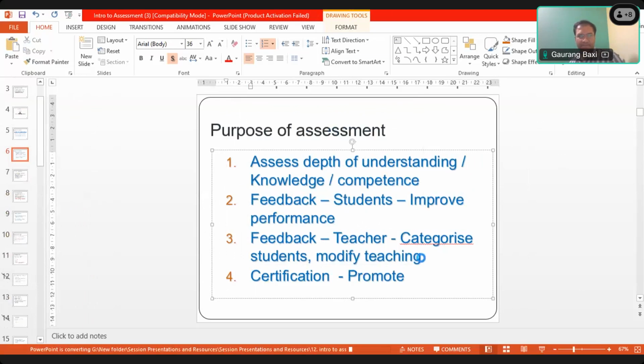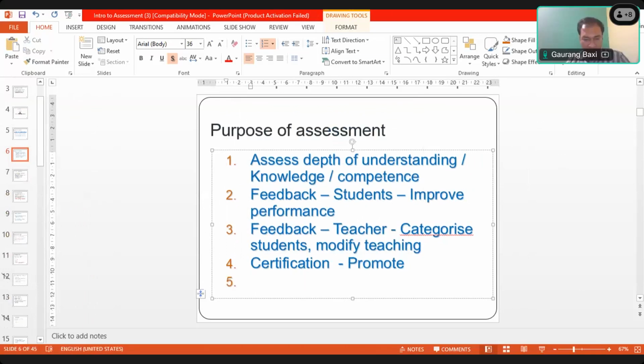Yes. What else? Motivation to the students, to improve their motivation. Yes, very important to motivate students. Unless we announce exams, our students are not motivated to study. So definitely exams are a very strong motivation for the learners.